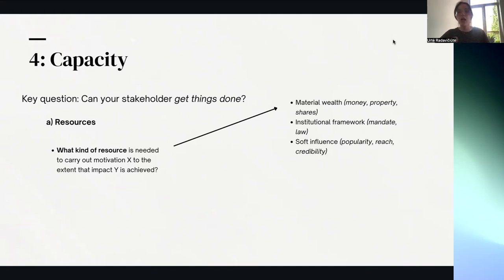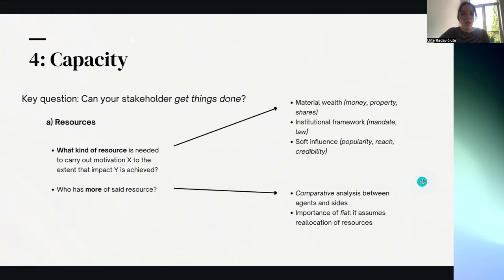And it's also reach, as well as credibility. How likely is someone to believe you when you tell them something? Yeah. And then we have to do comparative analysis here between agents and sides to determine who actually has more of said resources in order to be able to achieve the impact.